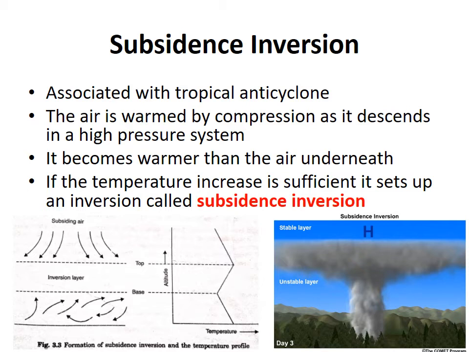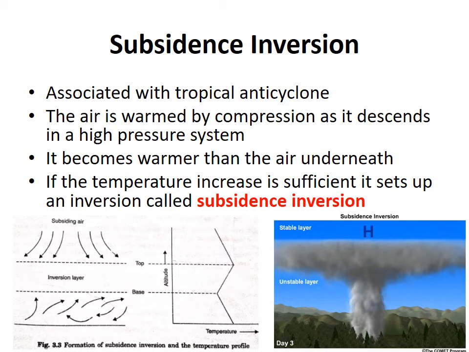As you can see from the figure on the left hand side bottom, the inversion layer is the subsidence inversion layer, and in this layer the air is warmed by compression. That is, it is a high pressure area. So the air is warmed by compression, and as the air descends into this high pressure system, it becomes warmer.